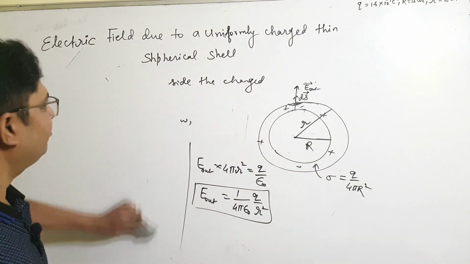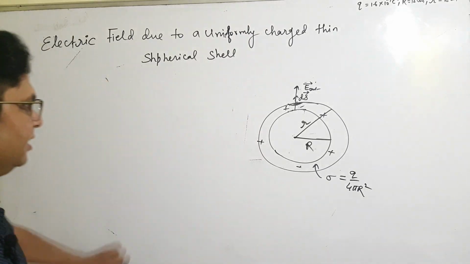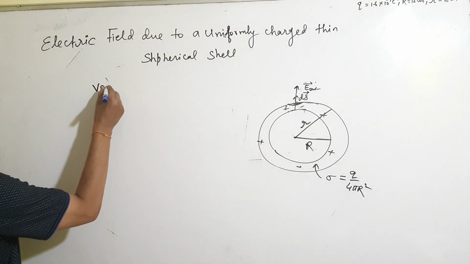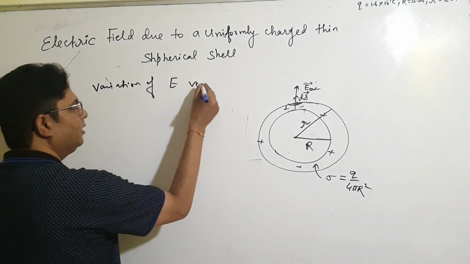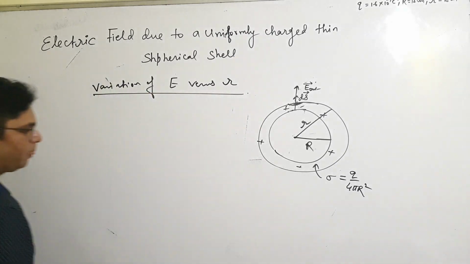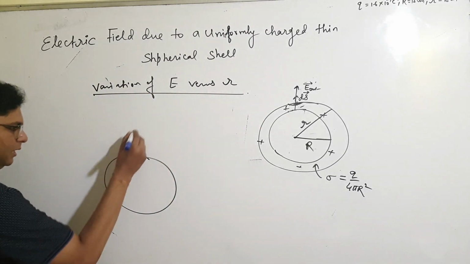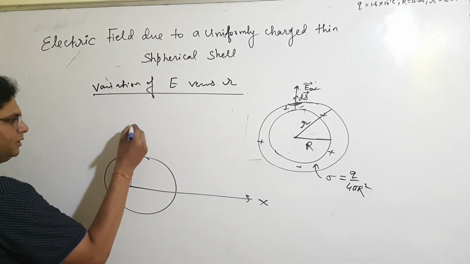Now let us have the graph variation of electric field versus distance. Variation of E versus r for a charged shell. Here it is the charged shell. This is the x-axis, this is the y-axis.